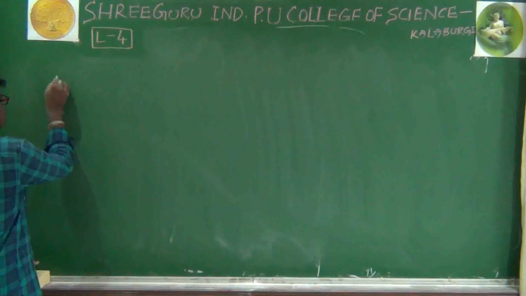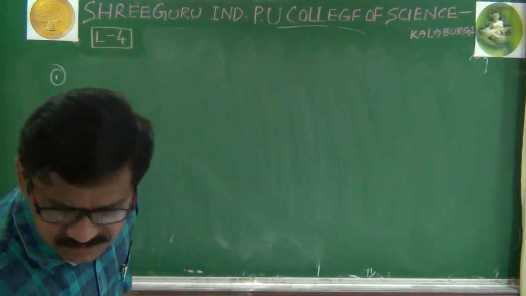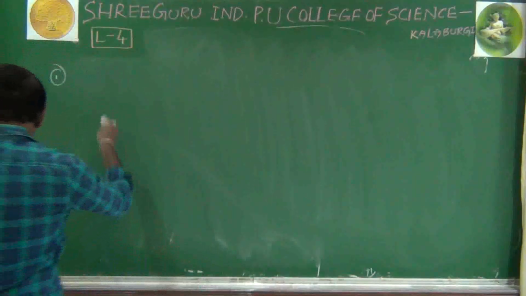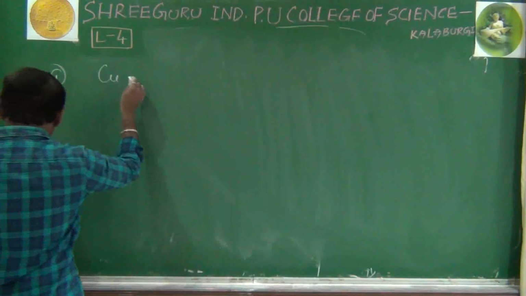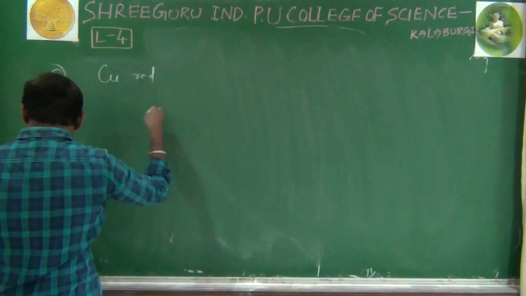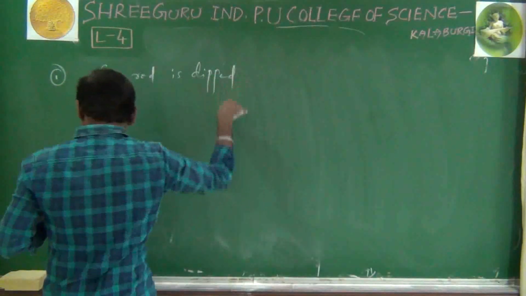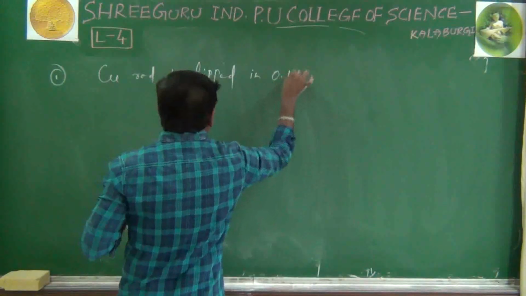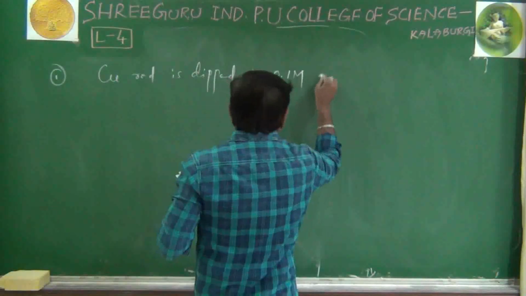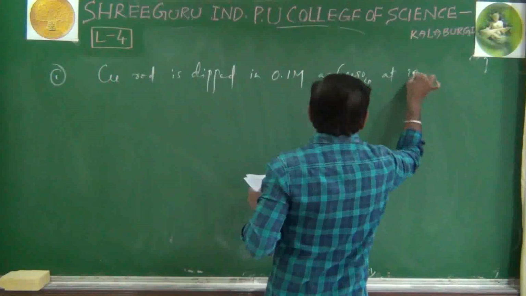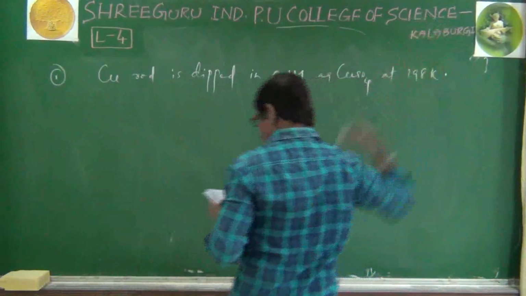Question number 1. A copper rod is dipped in 0.1 molar aqueous copper sulfate solution at 298 kelvins.